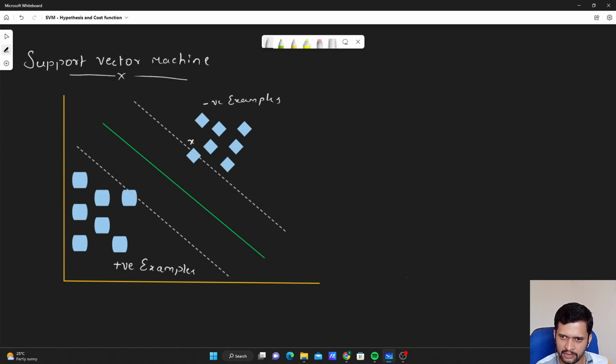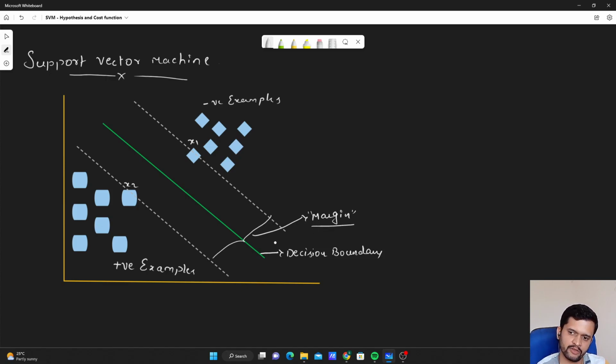Let me mark this point as x1 and this point as x2. This is my decision boundary, and this particular distance is called the margin. With respect to support vector machine, we want this margin to be as large as possible.